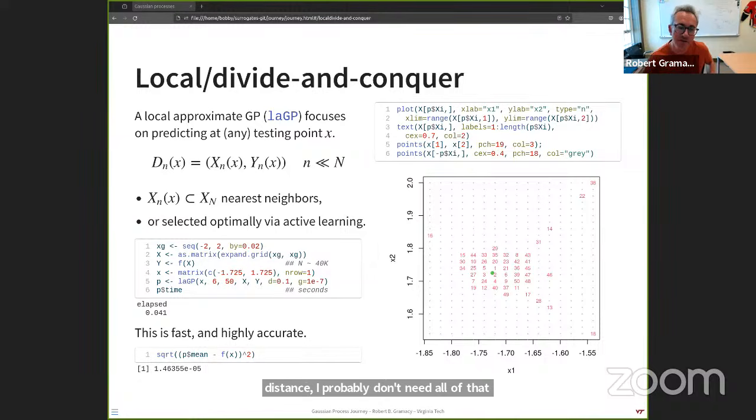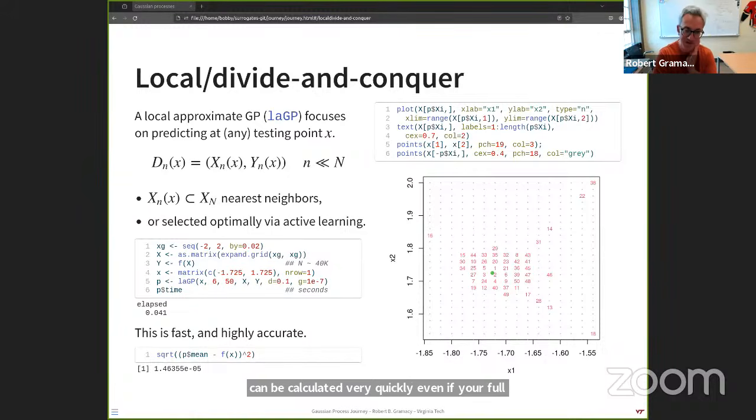It's probably sufficient to use only the nearby training data for the place where I'm trying to test or to predict. So the idea is to form a subset of the data of nearby locations. You could use nearest neighbors, or you could select a criteria that allows you to choose the most influential data subset. Both of those can be calculated very quickly even if your full training data set is large.